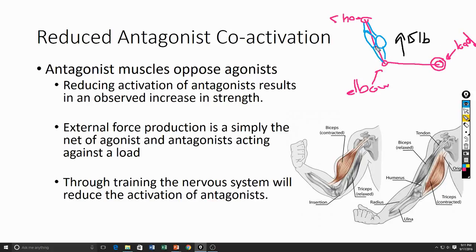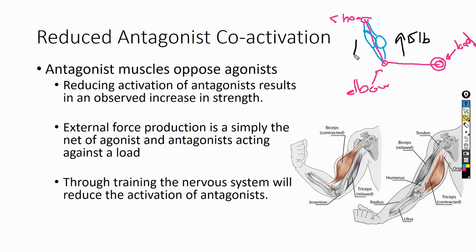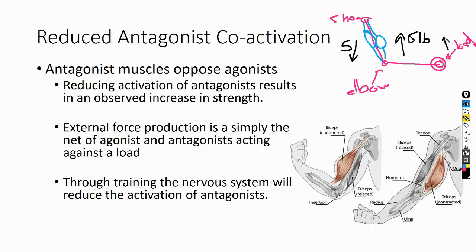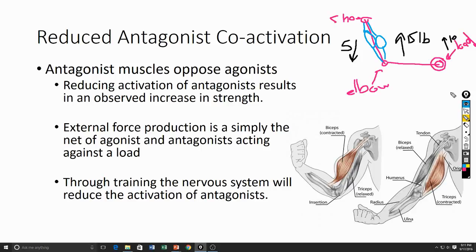If my tricep activates here, even just a little bit, that makes a pretty significant impact on my ability to lift, right? Because if my tricep starts to pull on the opposite side here, then what I'm getting is a downward pull. So let's say maybe that's only 5 pounds. But if this is 5 pounds and that's 15, the net is only 10, right?